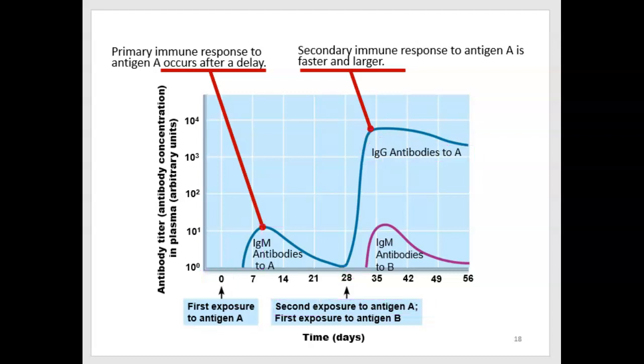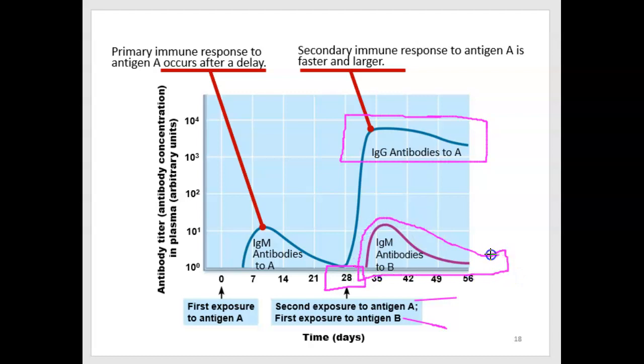Also notice one other thing that's kind of interesting, that if two antigens are introduced at exactly the same time point, antigen A, which you've already seen before, and antigen B, which the body has not seen before, you will not get this high response for antibodies against antigen B because it's the first exposure for B. So there will be different plasma cells that make antibodies against B than against A, and it's still in its primary exposure. So that's why the number's lower.